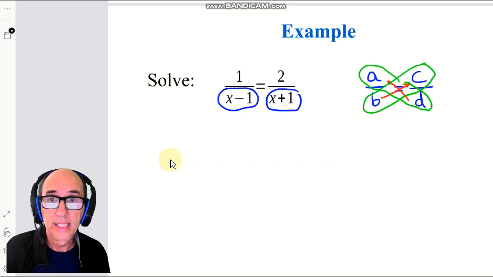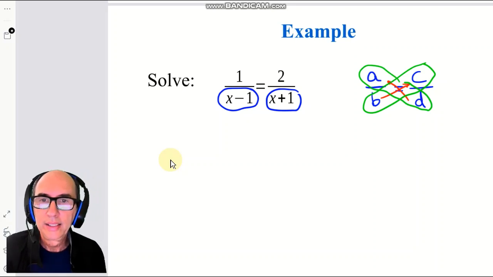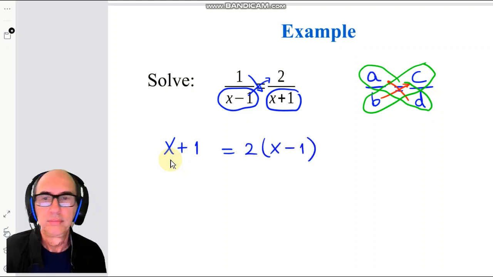Only in this case, only if you have a fraction equal to another fraction, okay? And that's going to be pretty quick. Cross multiply, and then you have 1 times x plus 1 is just x plus 1 equals 2 times x minus 1. Very simple, very easy.